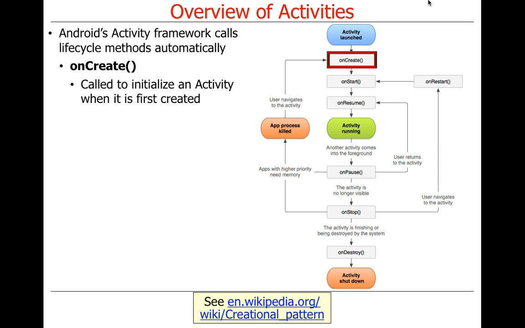It's giving you a chance to initialize this object. And what you're going to do, of course, typically is set the main layout, which gives the window look and feel. And then in our case, we're also going to cache a couple of things like the edit text and the text view and so on. So that's what onCreate does.